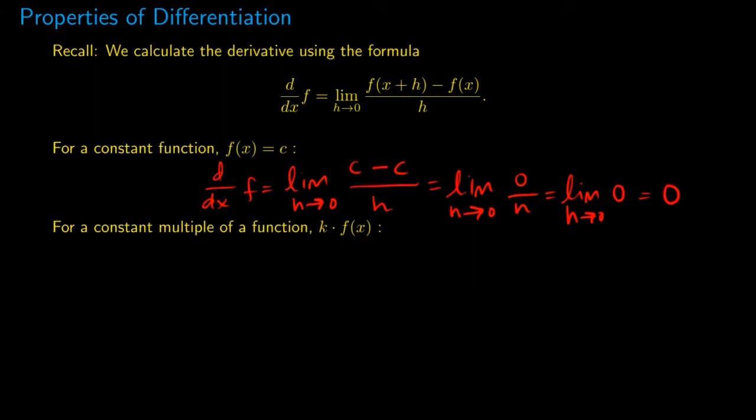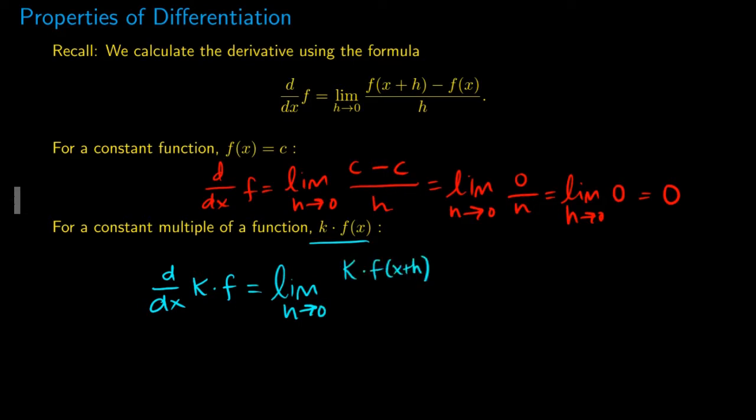Also, if we have a function f of x and we're taking the derivative of a constant multiple of that function, so consider here we have k times f of x, we could calculate the derivative using this formula. So you have d/dx of k times f of x, and that will be equal to the limit as h approaches 0 of k times f of x plus h minus k times f of x over h.